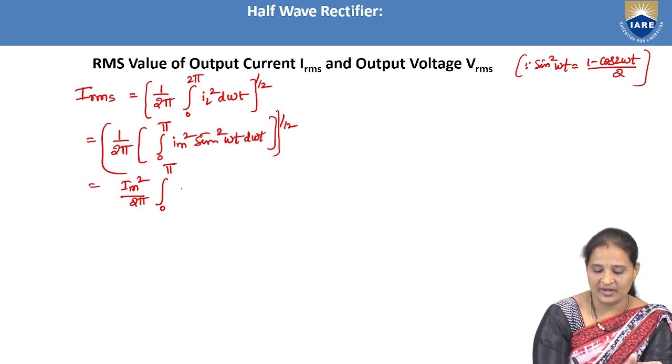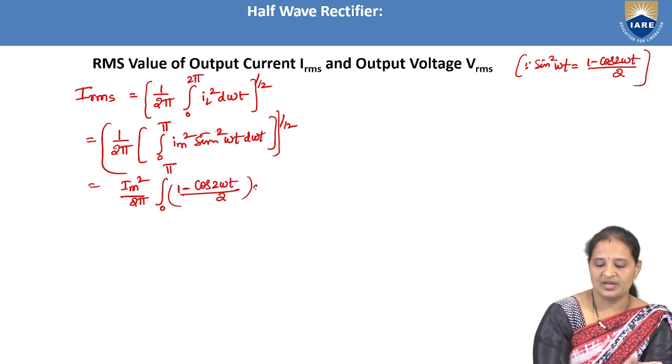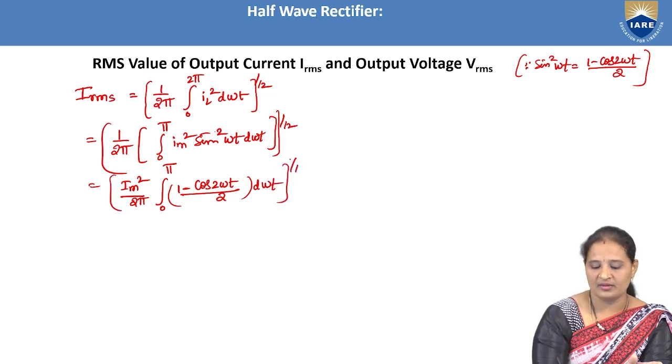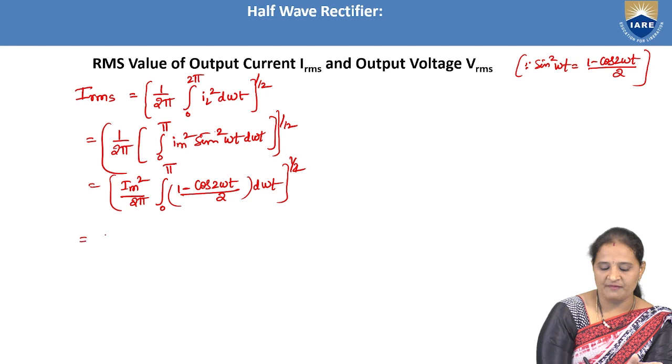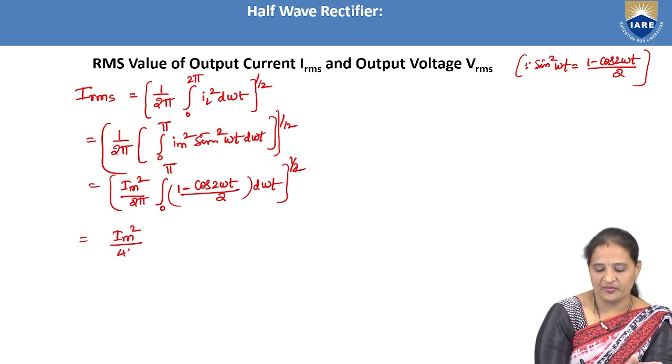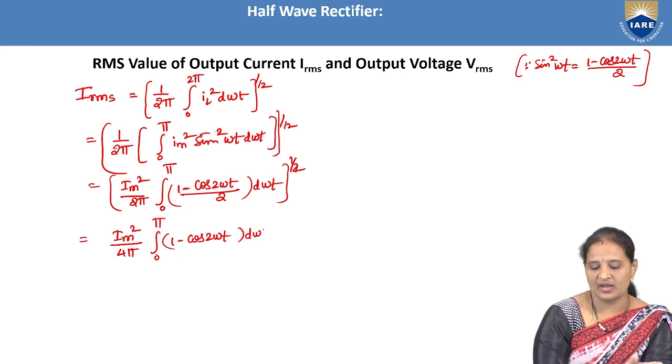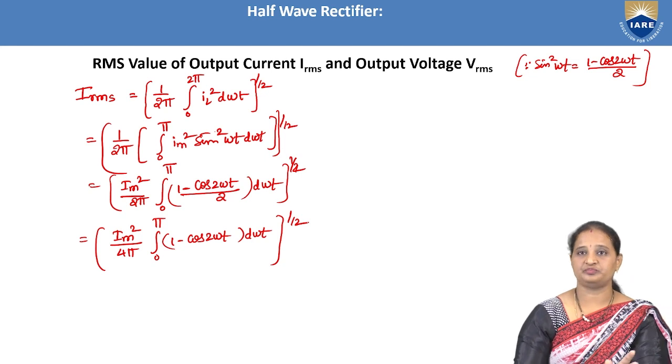So just substitute it: 1 minus cos 2 omega t divided by 2 d omega t, to the power of 1 by 2. Now just take that 2 out. Im square by 4 pi integral 0 to pi 1 minus cos 2 omega t d omega t, to the power of 1 by 2.